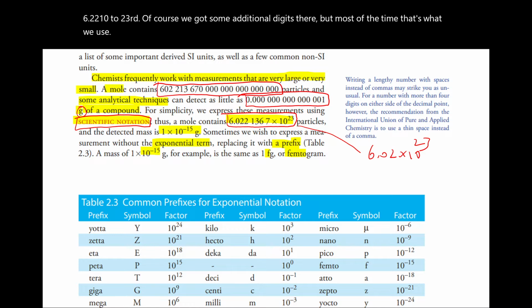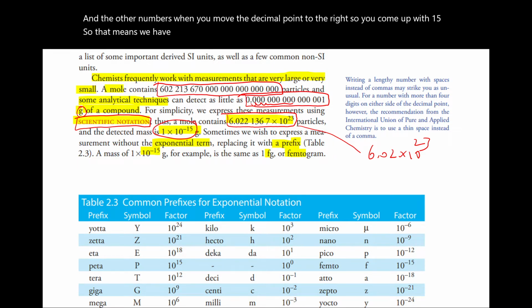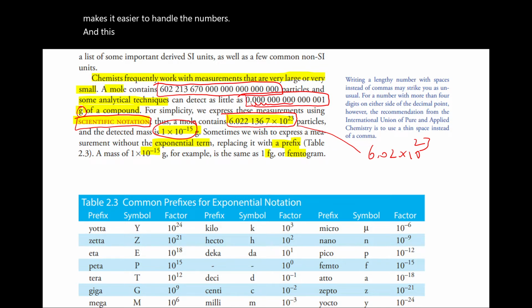And for the other number, when you move the decimal point to the right, you come up with 15, so that means we have to move 15 times. So as you see, it is easier. The scientific notation makes it easier to handle the numbers. Instead of putting those zeros and counting them, we can use scientific notation.